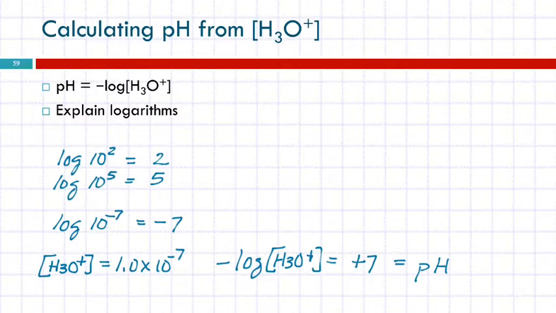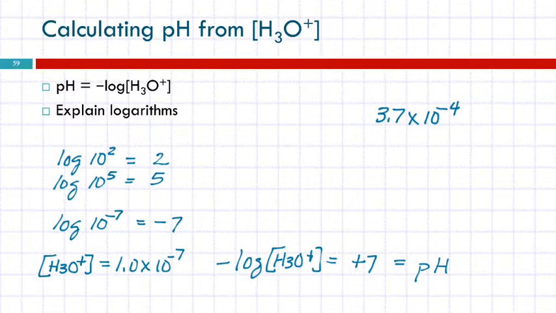What if I have a different kind of number? What if I have 3.7 times 10 to the minus 4? What's the log of that? Well, I have to use my calculator for that. Depending on how your calculator works, you may need to put the number in first and then press the log button, or you may need to press the log button first and then put in the number.